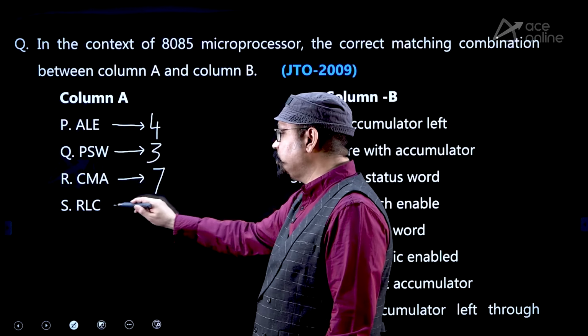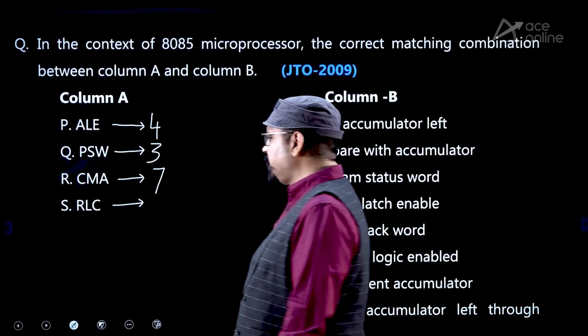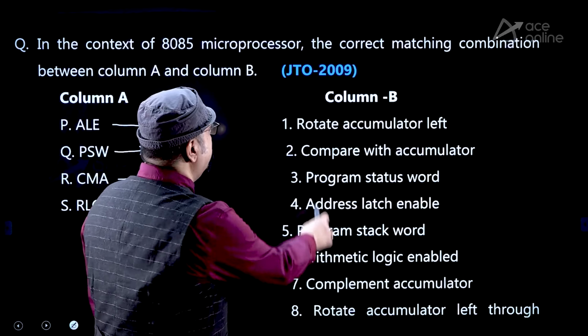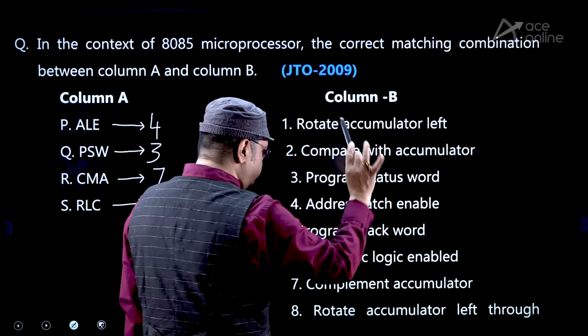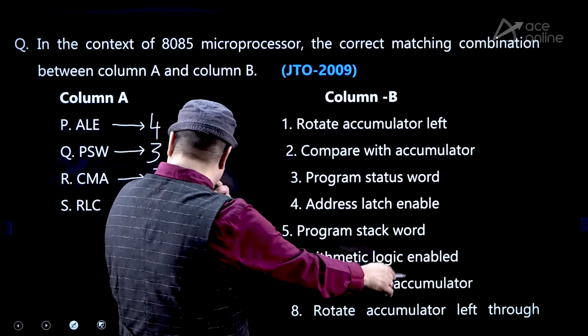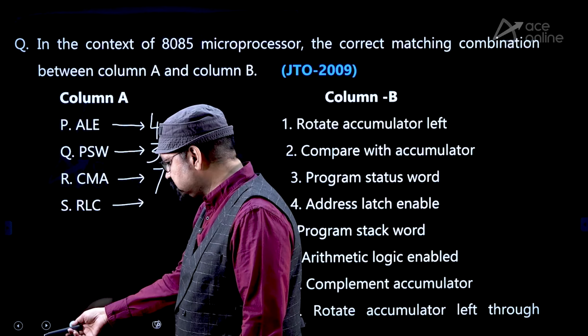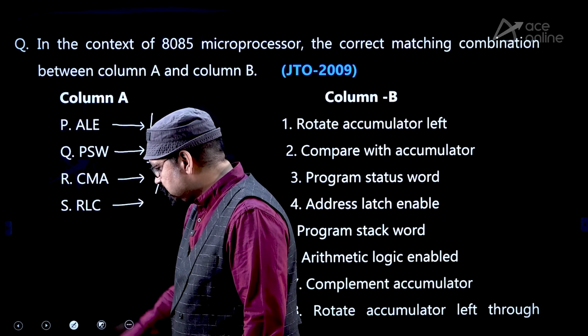RLC, rotate accumulator left, very clearly given RL. But here if you observe in the options, rotate accumulator to left is mentioned. In the end you see, rotate accumulator to left through carry. Here I think somewhat it got adjusted. That is not matching with my system.